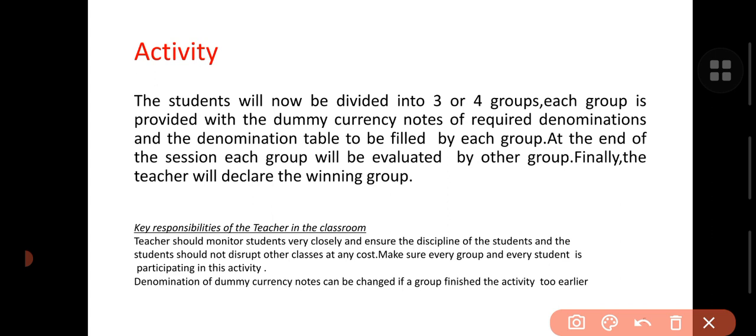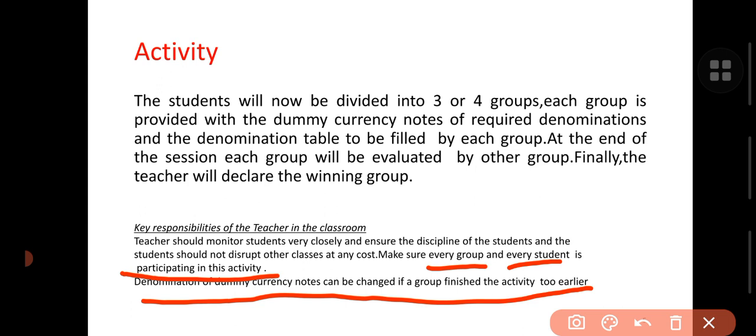It is very, very important. This is active learning, so every group and every student is participating in this activity. I'll be explaining this point later, because I cannot explain right now.